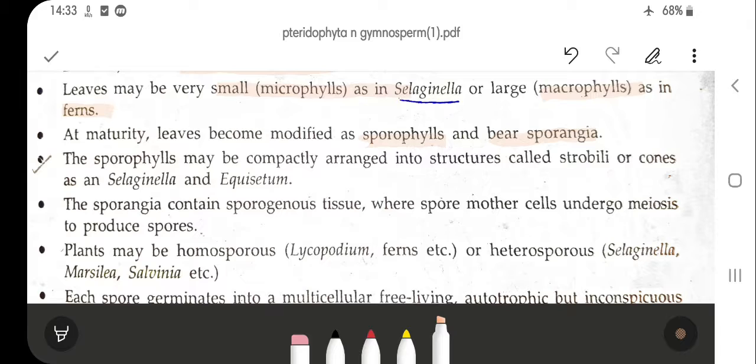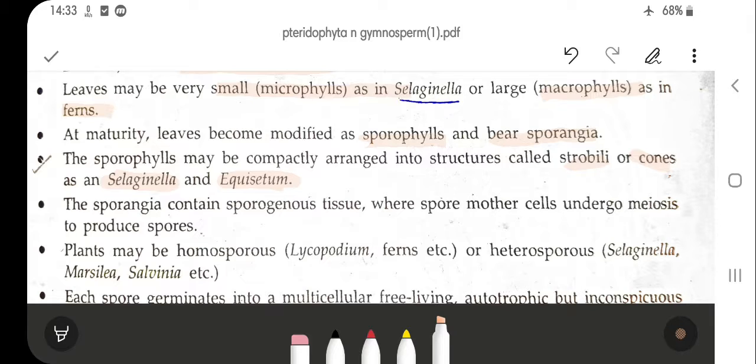The sporophylls may be compactly arranged into structures called strobili or cones. Examples are Selaginella and Equisetum. You have to learn these examples, Selaginella and Equisetum.